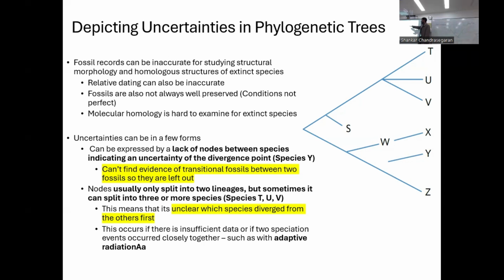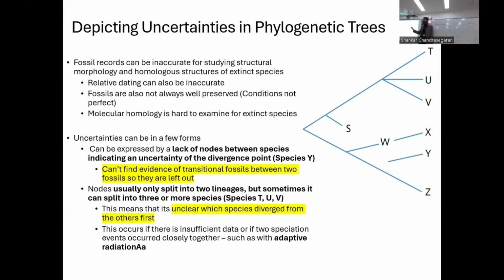Because for one thing, fossil records can be inaccurate for multiple reasons. For one thing, sometimes the fossils are not well preserved because the conditions for fossils to be well preserved are very specific. One, it needs to basically be buried under sedimentary rock in the right way, and it needs to be compacted in the right way, and then it needs to basically be preserved in the right conditions.